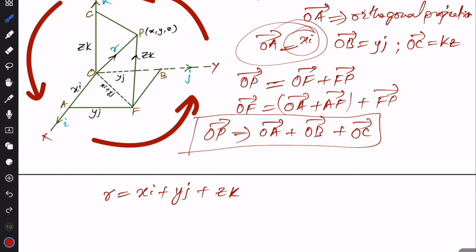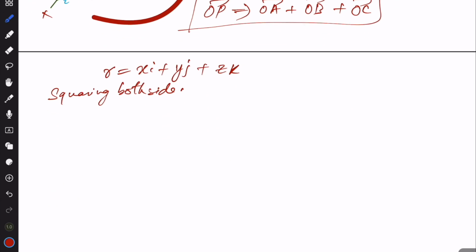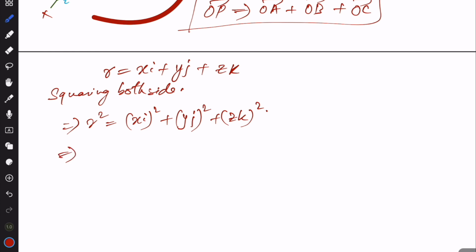Now if we square both sides, we get R square equals XI whole square plus YJ whole square plus ZK whole square. Alright. Since I, J, K are unit vectors, we get R square equals X square plus Y square plus Z square.